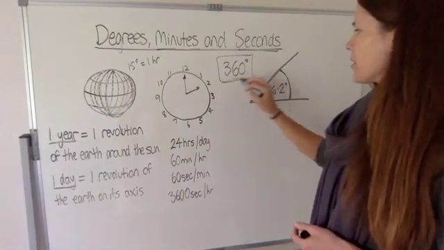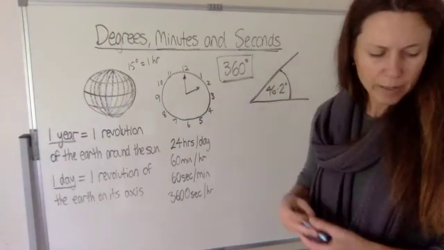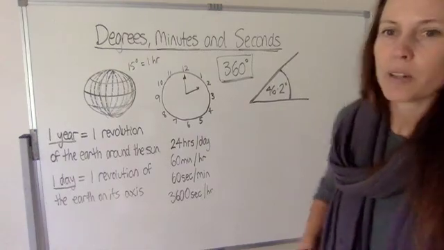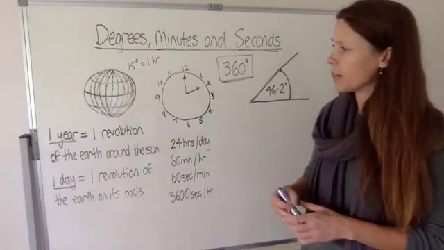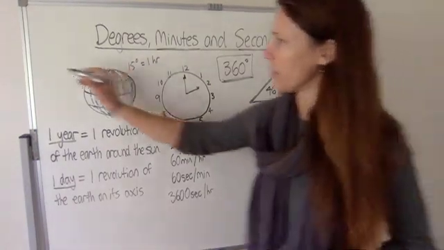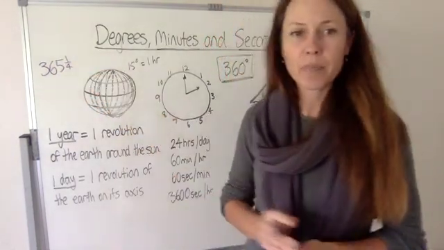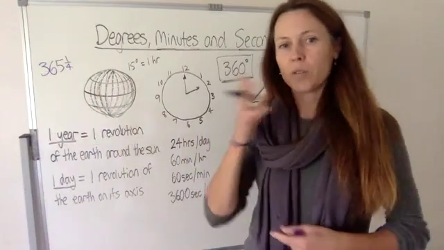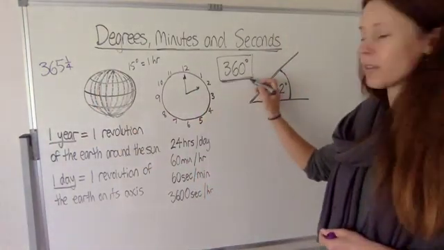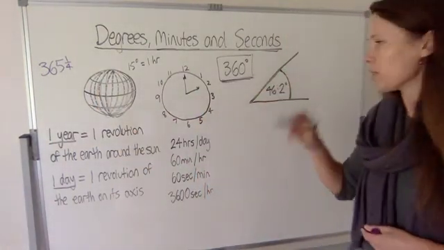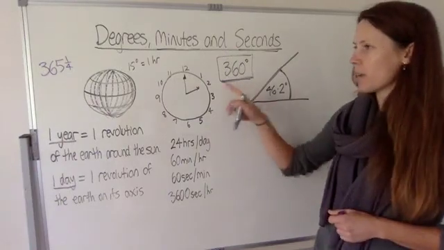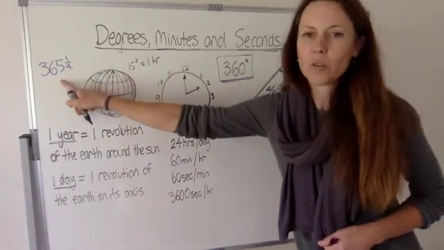But why 360? Well, here is where some of the error comes in with measuring things with degrees. It actually takes 365 and a quarter days for our Earth to go all the way around the sun, which is not 360. But somebody a long, long time ago has obviously rounded this off and said, well, this is a bit of an awkward number.